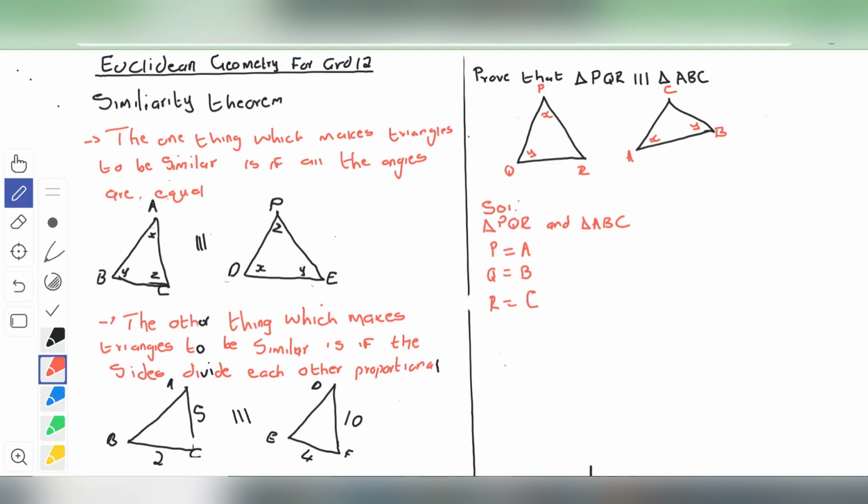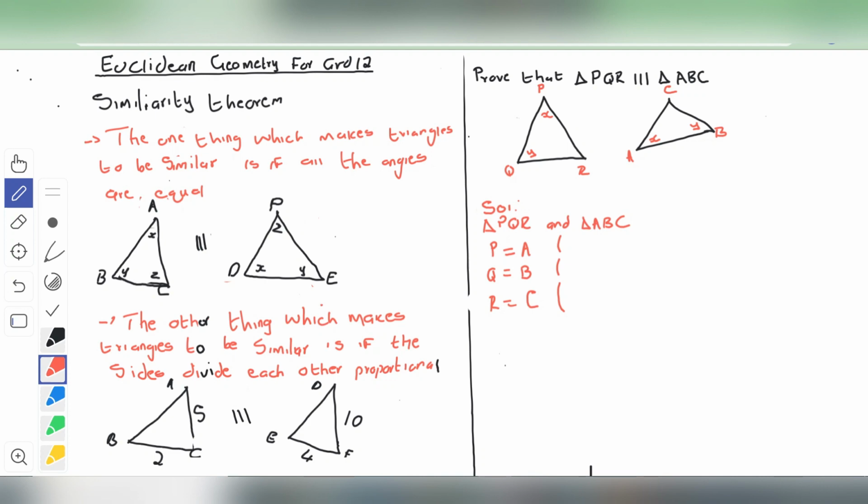You see, this is how you write it, guys. So the only thing that we are left with is the reasons. So we now know that P is equals to A, Q is equals to B, R is equals to C. How do we know that?